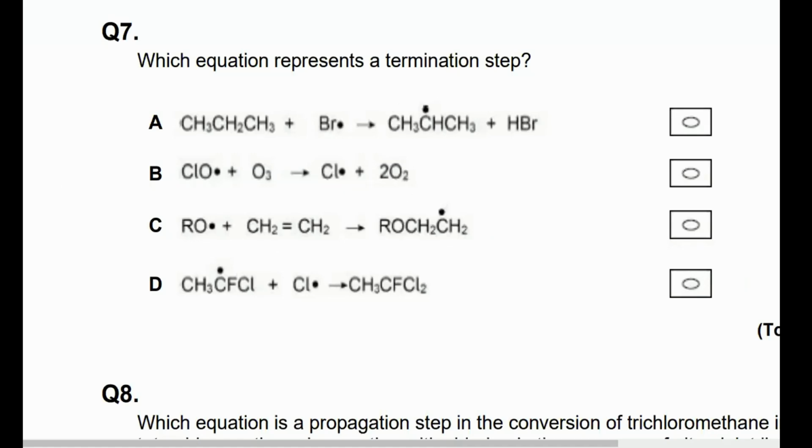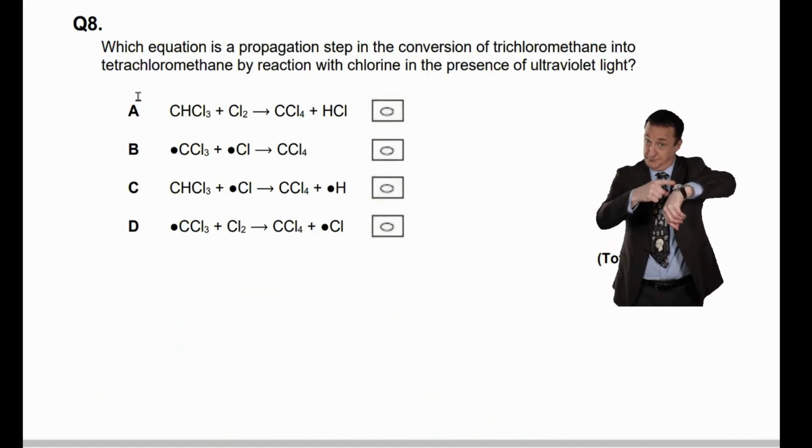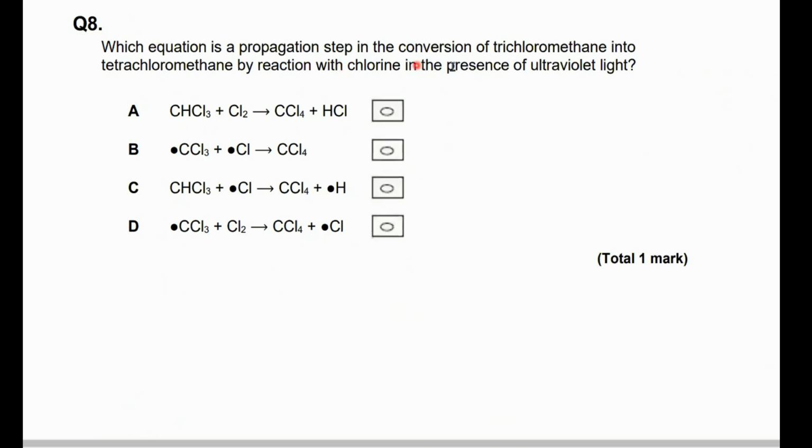We're already on to question 8, so let's get into it. Which equation is a propagation step in the conversion of trichloromethane into tetrachloromethane by reaction with chlorine in the presence of ultraviolet light? So we're looking for a propagation step, just to break that down again, nice and easy. Let's get rid of the first one. That's not propagation.